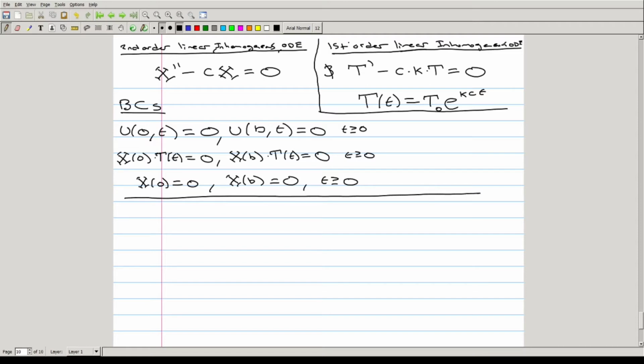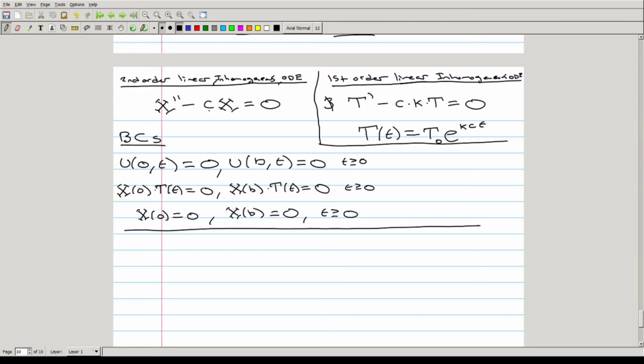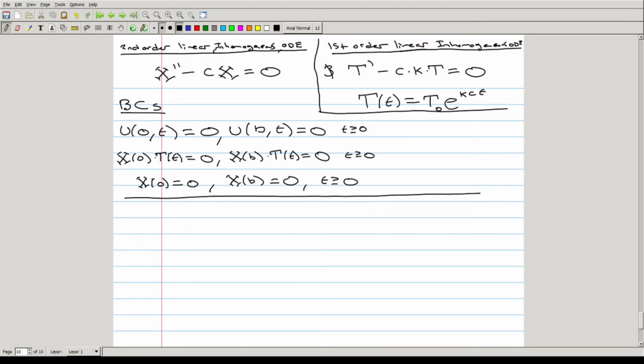And it's important to point out that mathematically this is called a Sturm-Liouville problem, or a problem of Sturm-Liouville type, where we have this second order linear inhomogeneous ODE with specific boundary conditions that have to be satisfied.